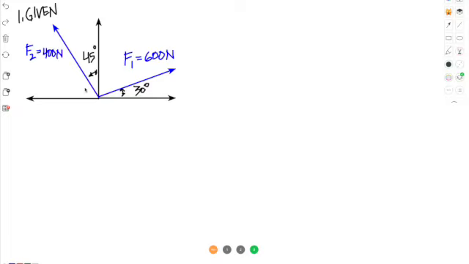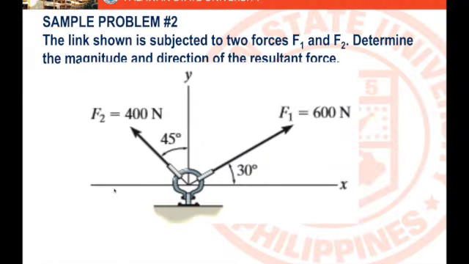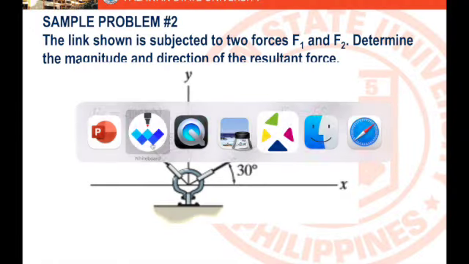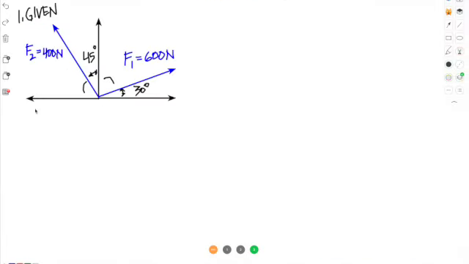This side would also be 45 degrees, and for this one, this would be 60 degrees. So these are our given. Let me check if that's correct. Yep, we have the correct drawing.